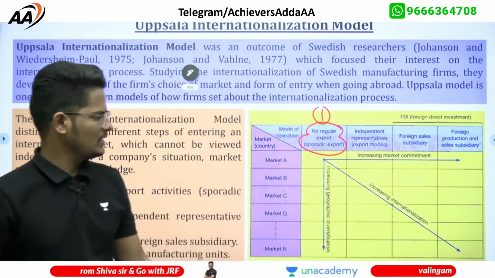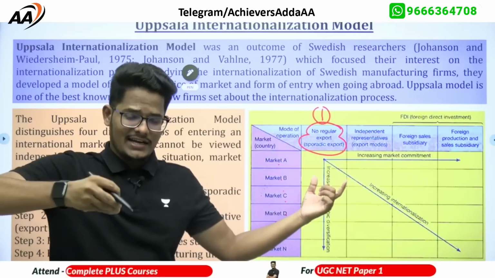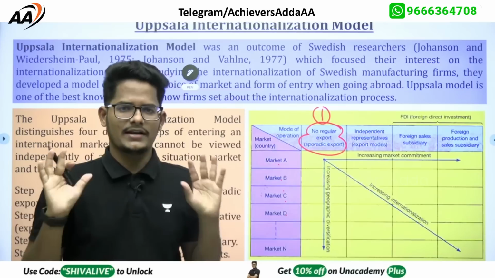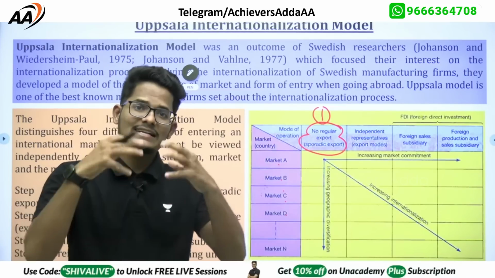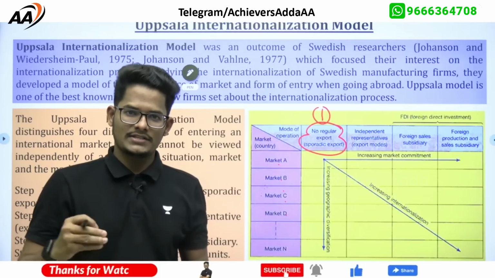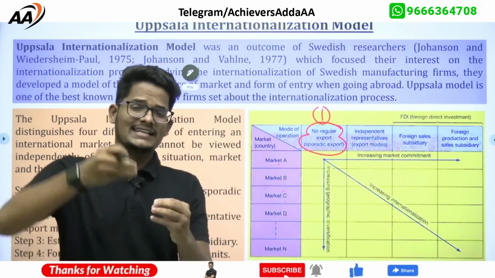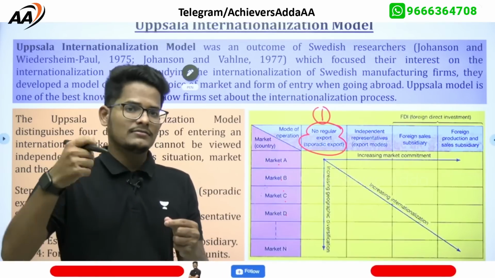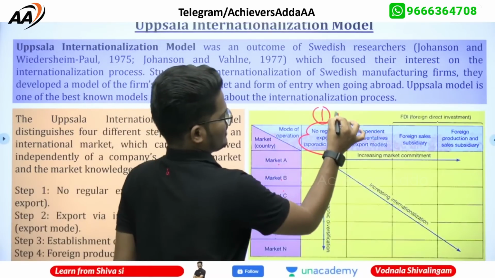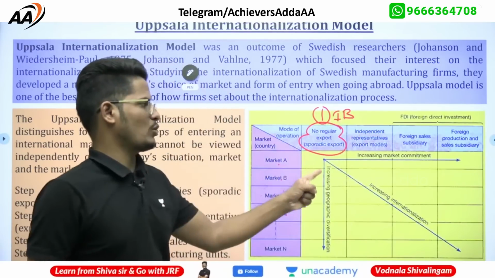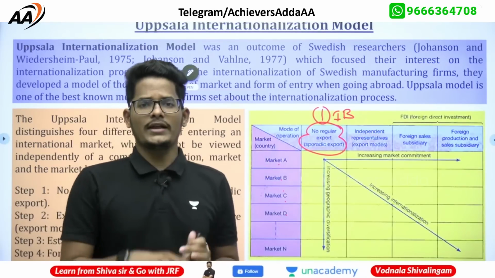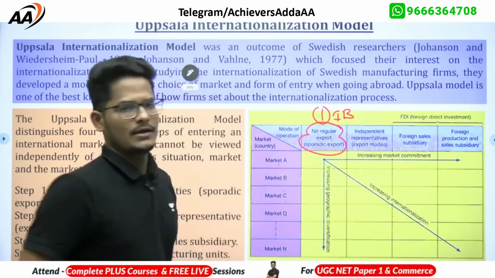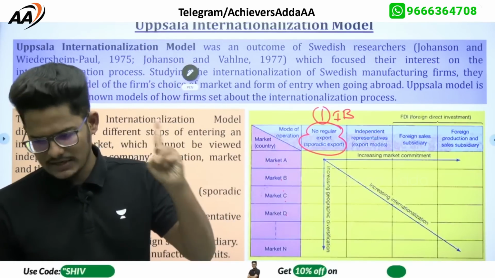In this, if in India our company has satisfied the demand available in India, and we have excess stock produced unnecessarily, beyond the Indian demand, then whenever we get that extra stock or extra products, we will sell it at an international level. That is a sporadic export or no regular export. Only on an ad hoc, temporary basis. Whenever you get extra production, you will sell in the international markets. That's stage number 1.